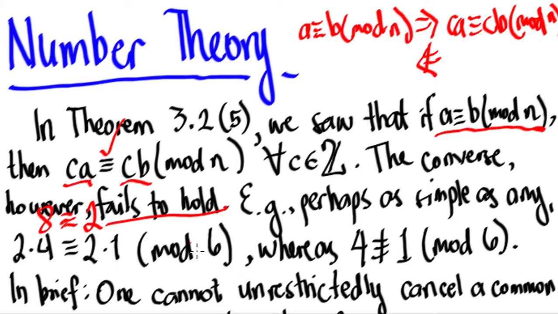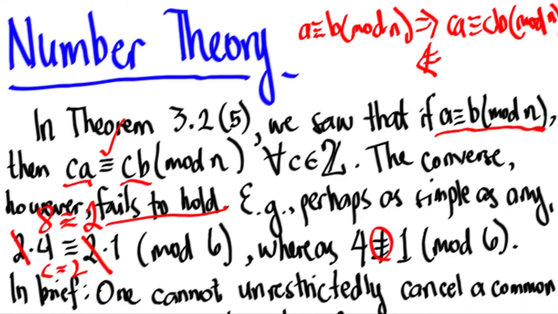But if we cancel this 2 here, which serves as our c, 4 is not congruent with 1 mod 6, because 4 minus 1 is 3, and 6 is not a factor of 3. Therefore, the converse is not entirely true.